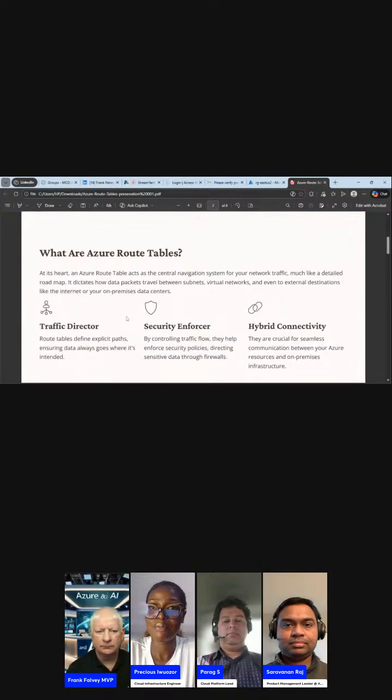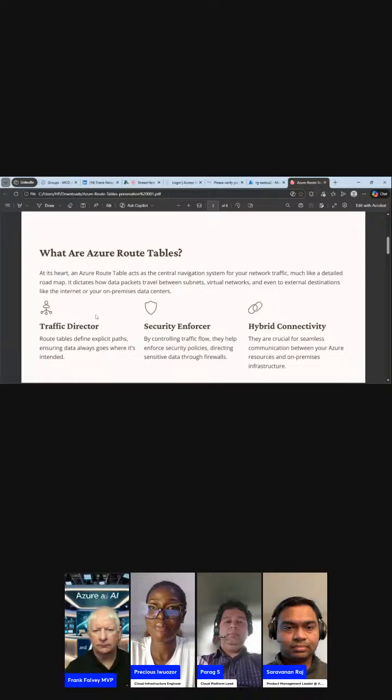So now, what is Azure Route Table? Azure Route Table acts as the central navigation system for your network traffic. Much like a detailed roadmap, it dictates how data packets travel between subnets, virtual networks, and even external destinations like the internet or your on-premises data center.